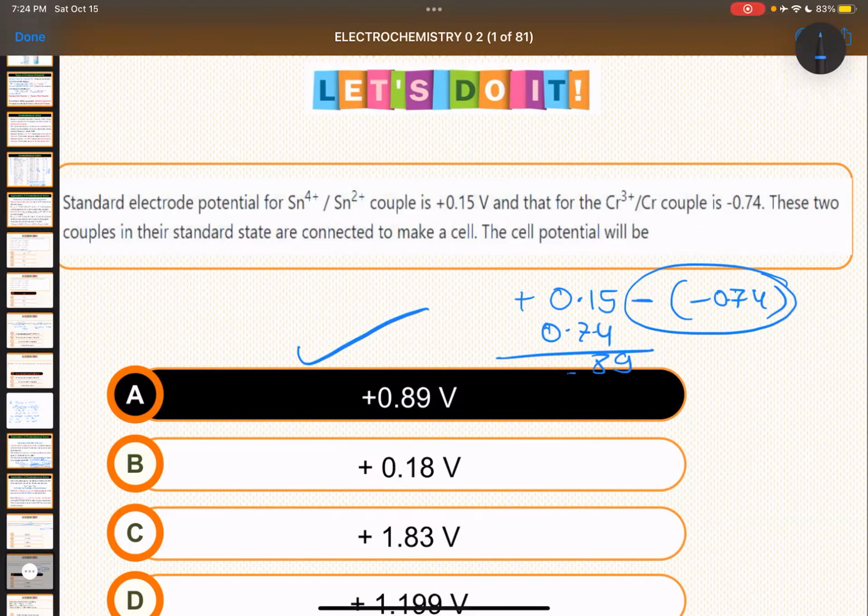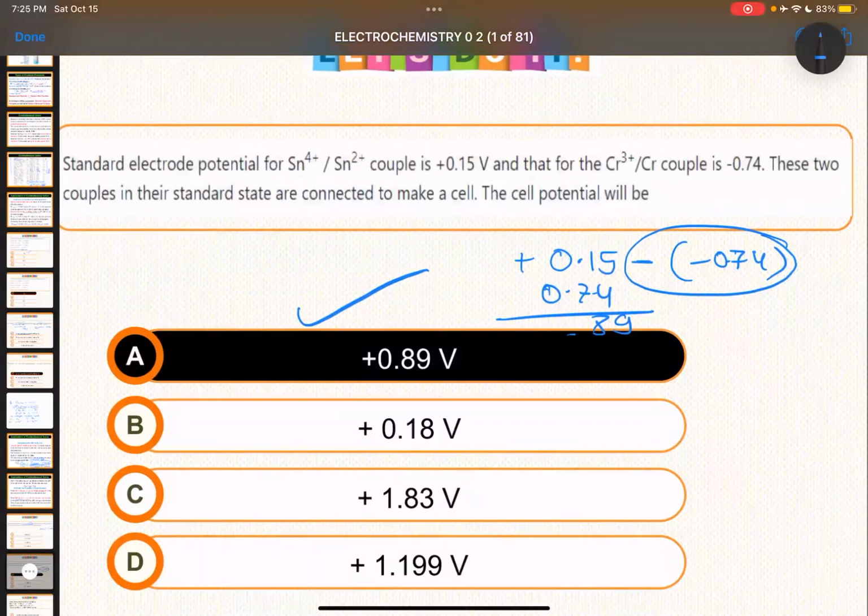And this is only under standard condition. Okay, so you need to decide on your own which is cathode, which is anode. And the one which has more reduction tendency, you are going to make it the cathode.